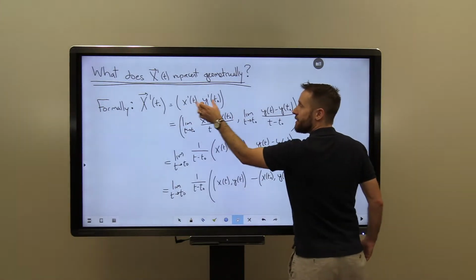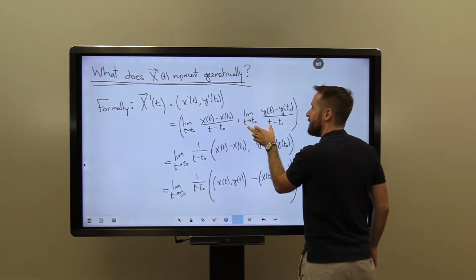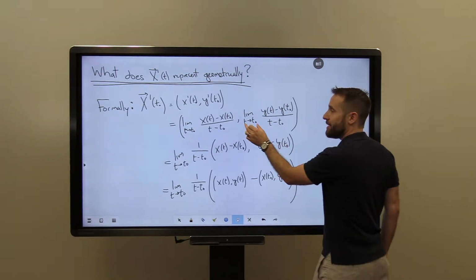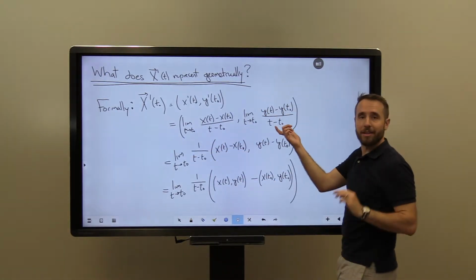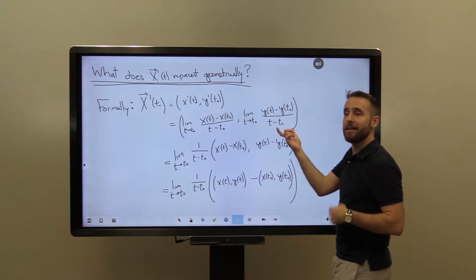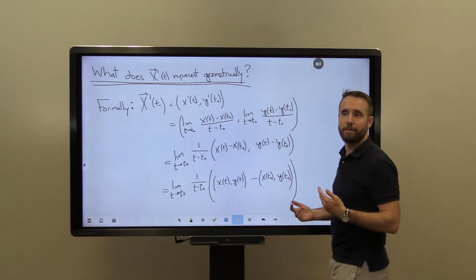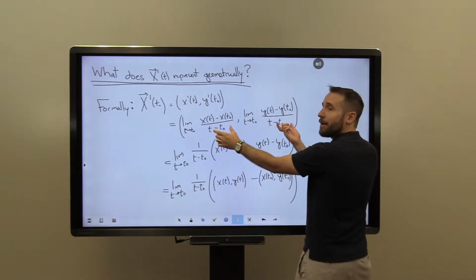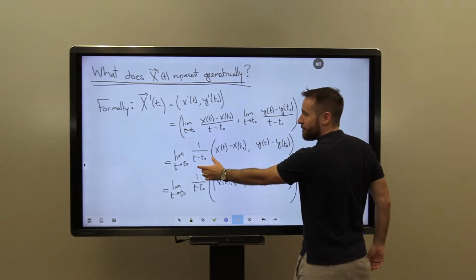So this formally represents these two limits, which we can then break up in the following way. First, I can pull this limit as t goes to t naught out to the front. The division by t minus t naught is just dividing by a scalar, and so by our rules of vector and scalar multiplication, I can pull that common component out of the vector.